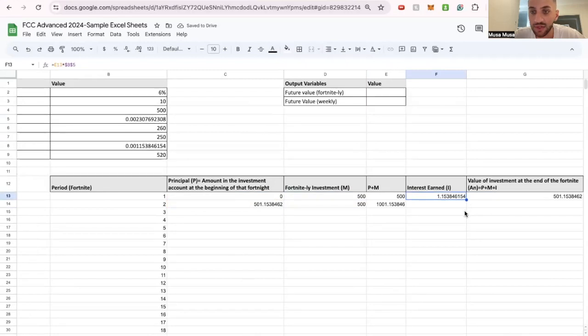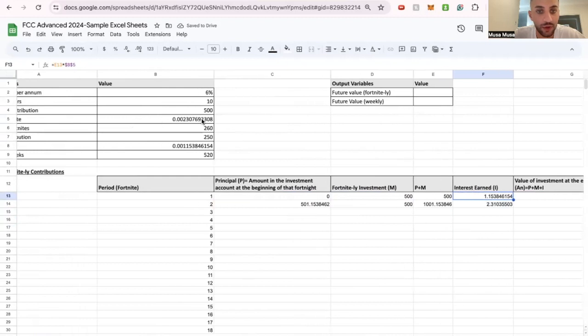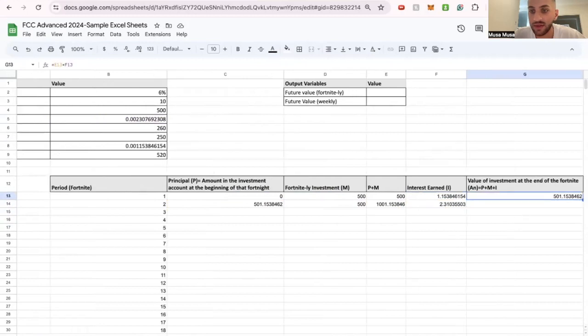So notice how because I put the dollar signs for that 0.002307, even when I go here, it still uses that 0.002307. And then this is going to be equal to that plus that.